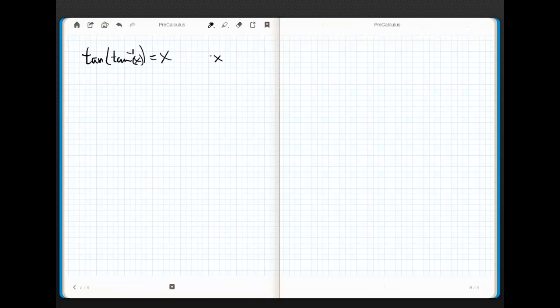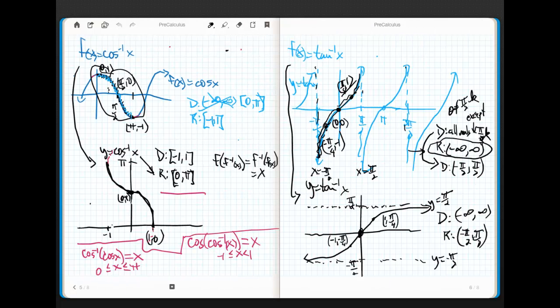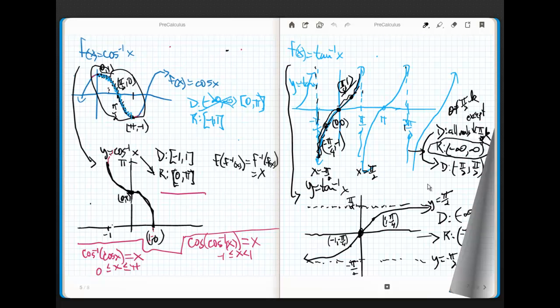So this is for x between negative infinity and infinity, because tangent's allowed to throw out any value between negative infinity and infinity. Now, arctangent or inverse tangent is a different ball game. The inverse tan of tan x equals x. However, arctan's range, the values that it spits out, are only between negative pi halves and pi halves.